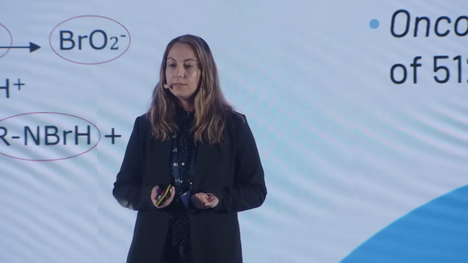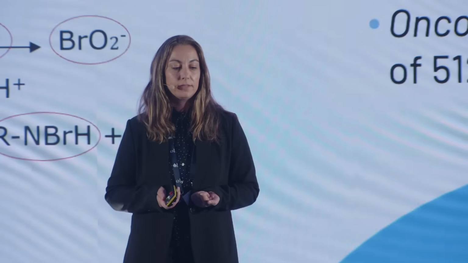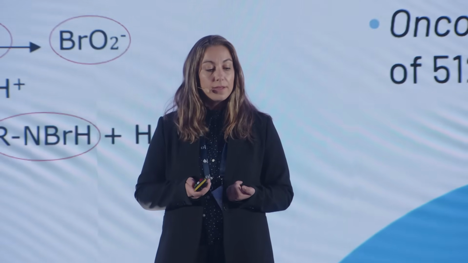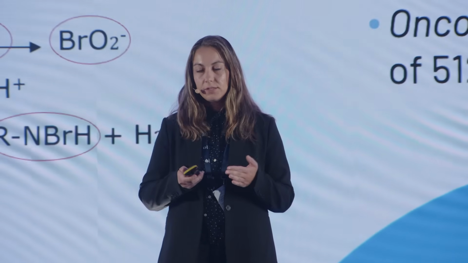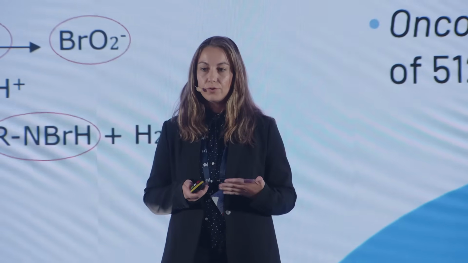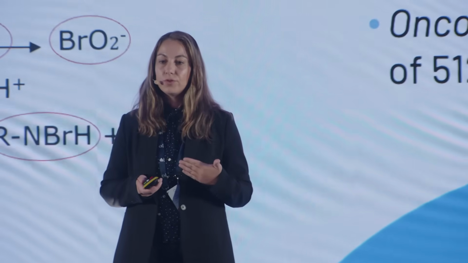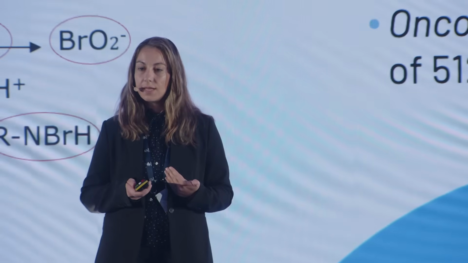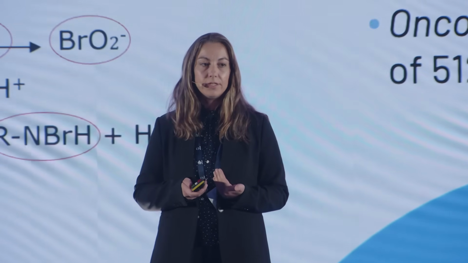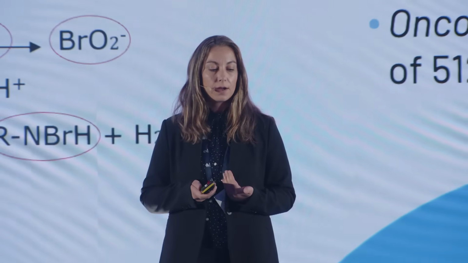Hypobromous acid and the dissociated form hypobromite have a very long lifetime, and therefore they are very important because during this long lifetime, a lot of reactions can occur. Hypobromite reacts with proteins and ammonia and creates bromamine, which is very, very toxic for fish and the other aquatic animals.